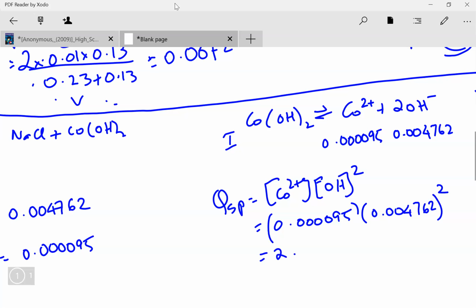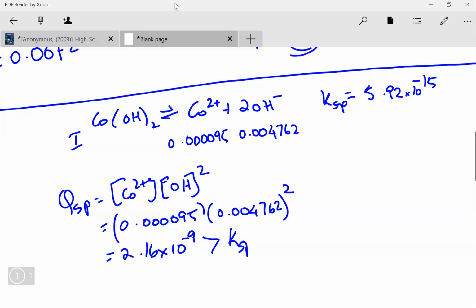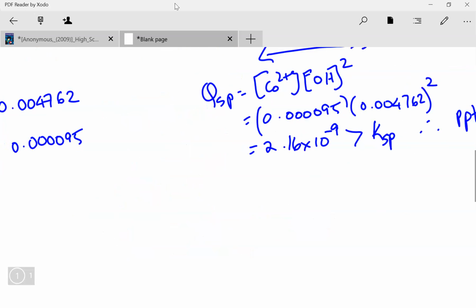Which is equal to 2.16 times 10 to the power negative 9, which is greater, in fact, than my KSP. Therefore, these ion concentrations are too high because my QSP is too big, and therefore this equilibrium will shift to the left where my solid is, therefore precipitate will form. Is my answer.